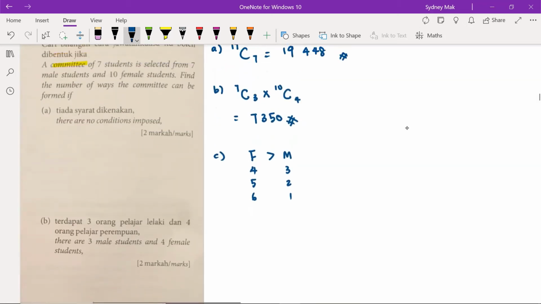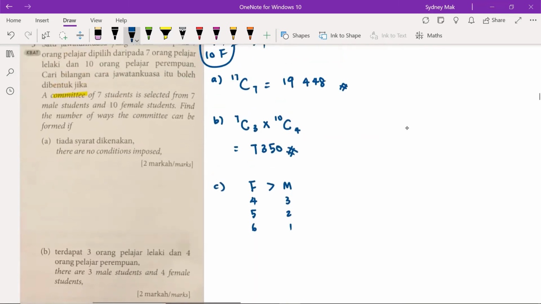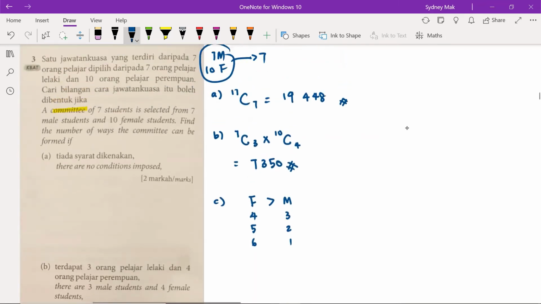So in this case, out of the 7 male, we choose 3, and out of the 10 female, we choose 4. Okay, and then we plus 7 male, we choose 2, and out of the 10 female, we choose 5, followed by 7 male, we choose 1.